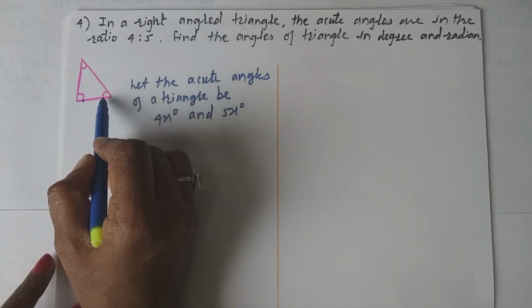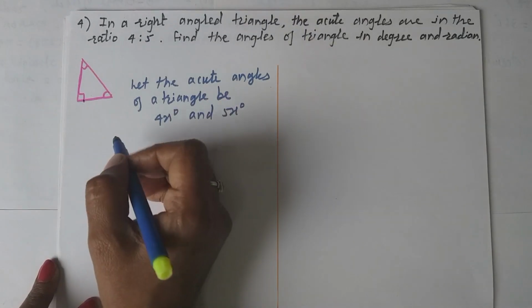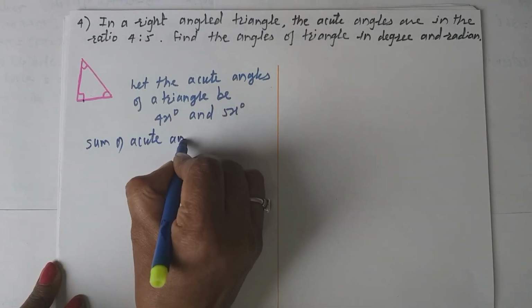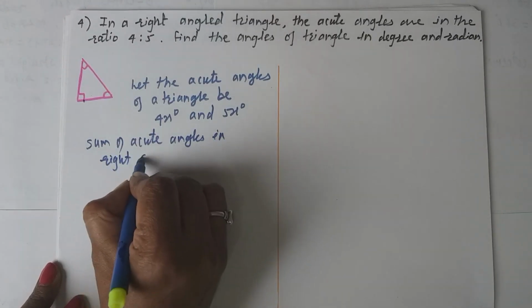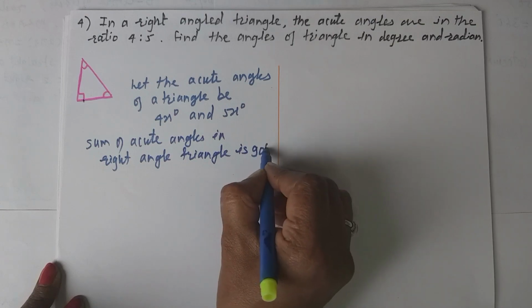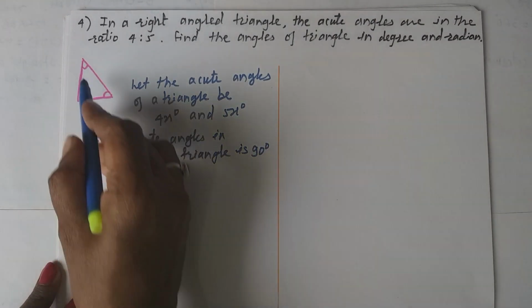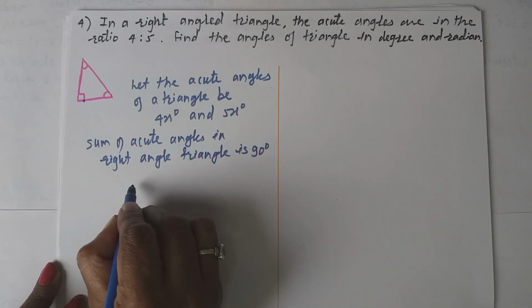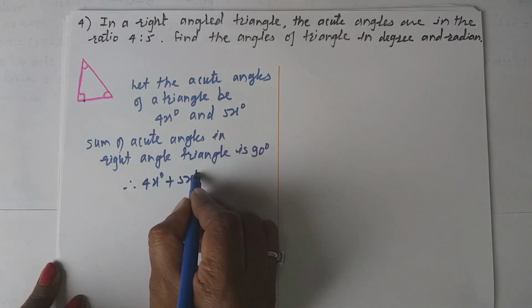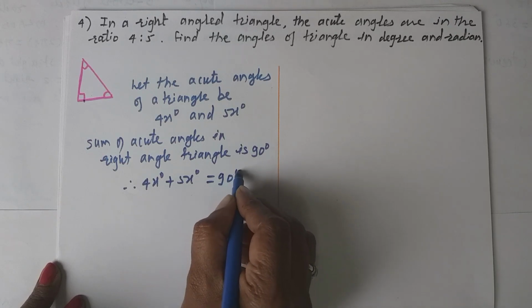The sum of the remaining two angles will be 90 degrees. Therefore, write down: the sum of acute angles in a right angle triangle is 90 degrees. If the triangle is a right angle triangle, then the sum of these two angles is 90 degrees. Therefore, write down 4x degrees plus 5x degrees is equal to 90 degrees.